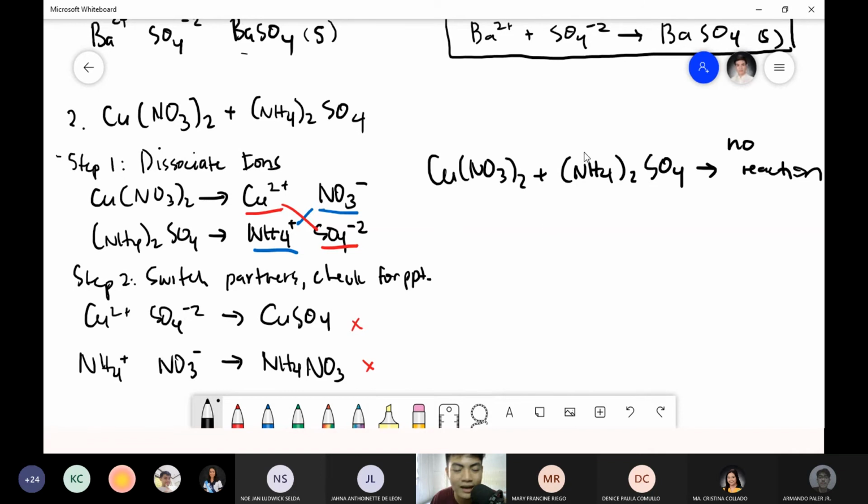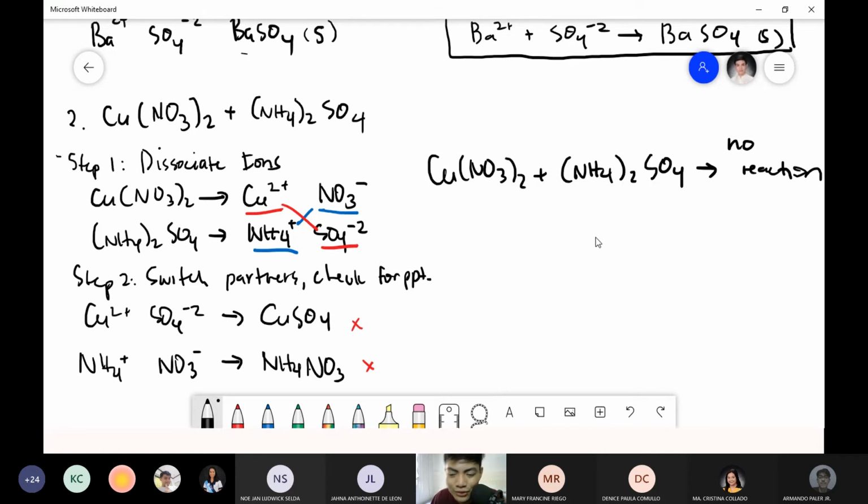Walang mangyayari. Okay? So sa toyo and suka, ganito din nangyayari. Sa suka, you have a hydronium ion and then your acetate ion. Okay? And then for the toyo, ano ba yung mga nandun? Glutamate, mga other molecules na wala naman silang na-form na precipitate.